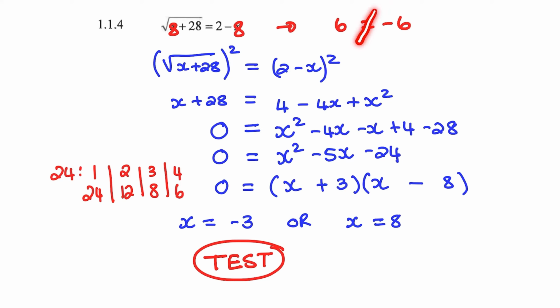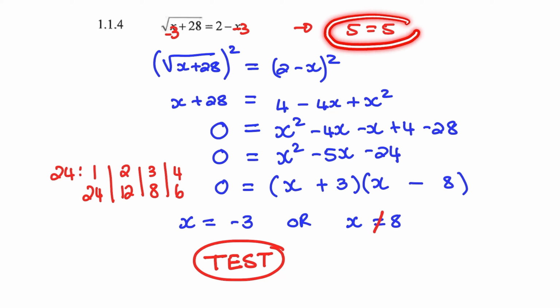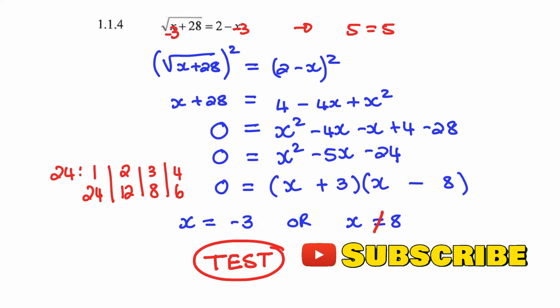Now that is impossible. 6 cannot be equal to -6. So therefore x cannot be equal to 8. And if I substitute -3 in the place of x, that will lead to 5 equal to 5. So the left-hand side is equal to the right-hand side. Therefore x can be equal to -3.